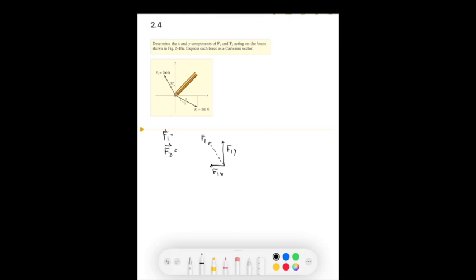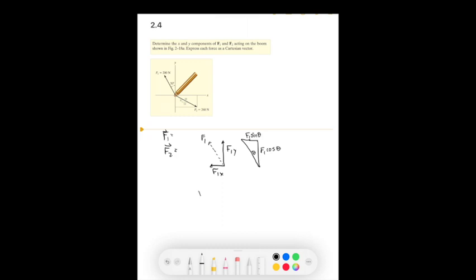So here's F1, and I know that there's a component F1x and F1y. And I could draw that now as a triangle. If I call this angle here theta, which we're given, I know that adjacent to that is the cosine, and opposite of that is the sine.